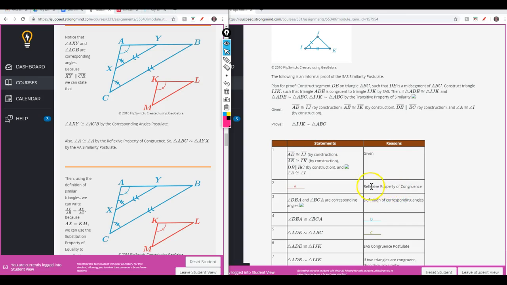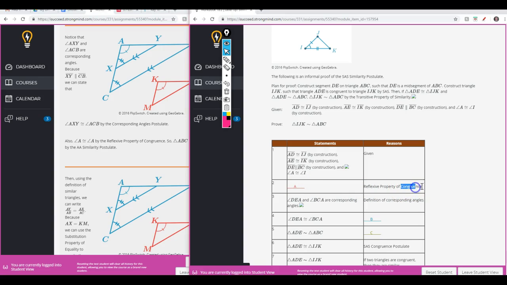It says the reason is the reflexive property of congruence. So I know that congruence ends up with this symbol, and I know reflexive means it has to be the same thing on both sides, like a reflection in a mirror, reflexive property, so it has to be the same thing on both sides.